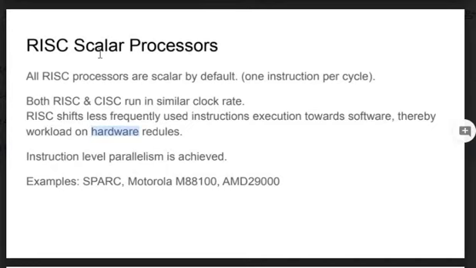Hence this point about RISC scalar processors is very important, that's why I am taking one or two examples. RISC scalar processors made computer technology a different evolution, where for the first time workload was shifted from hardware towards the software.